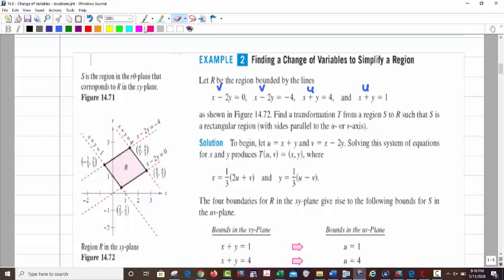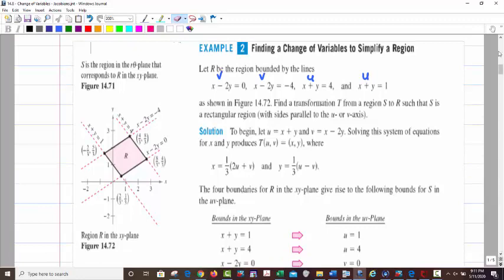I'll use a different color. Left to right, there's one zone, here's another, and another. So it would actually be three double integrals in either order. This method allows us to transform it to u and v and solve it with just one double integral over a rectangular region.